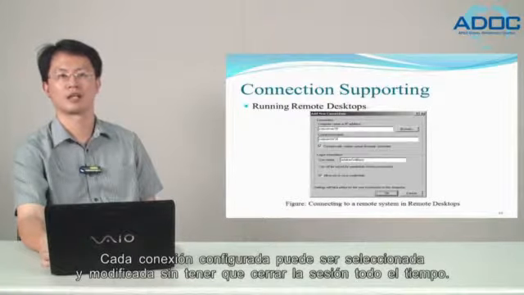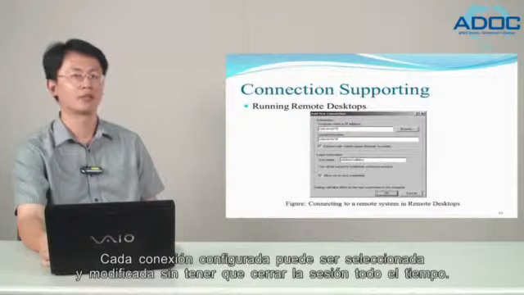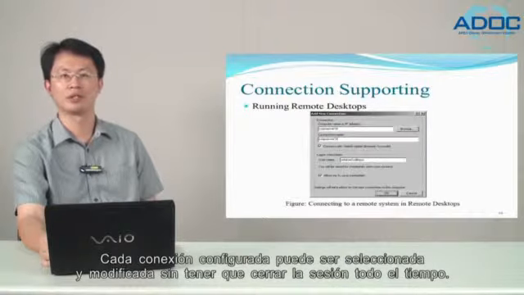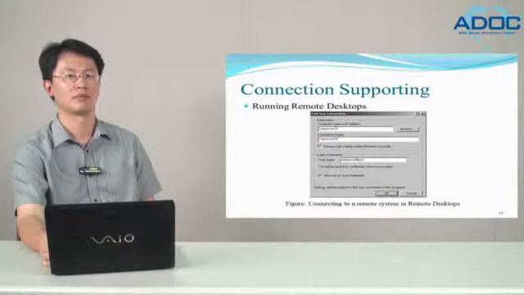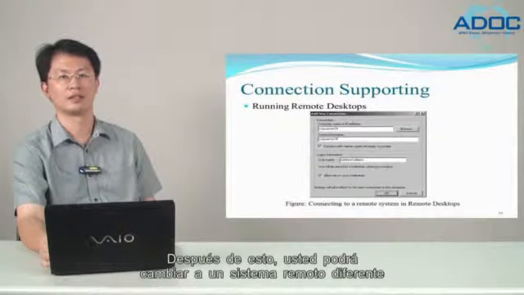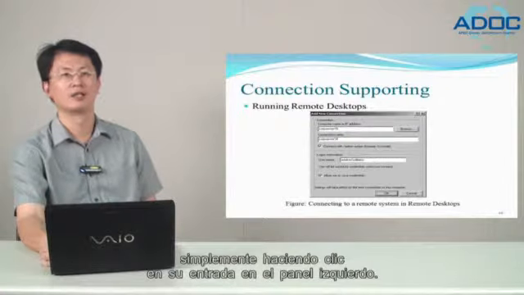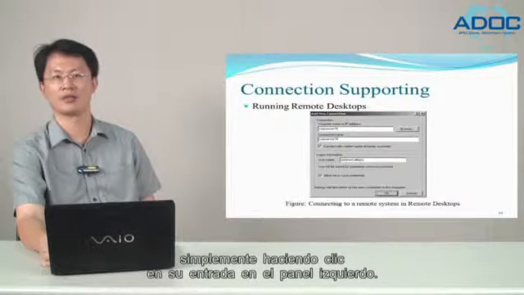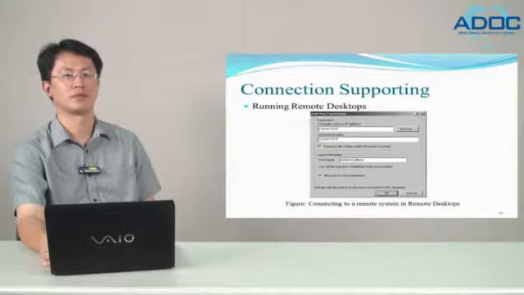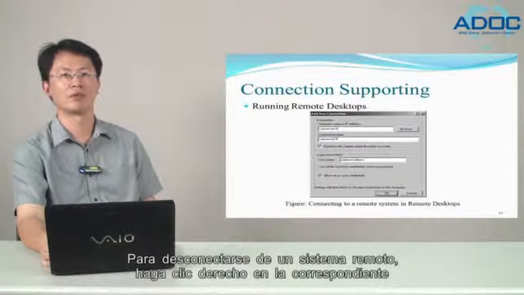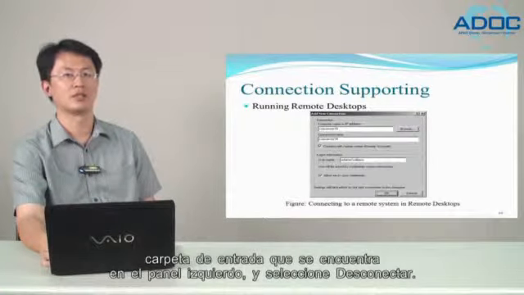Each configured connection can be selected and switched between without you having to log off each time. Following this, you could switch to a different remote system simply by clicking its entry in the left pane. To disconnect from a remote system, right-click the related entry in the left pane and select Disconnect.